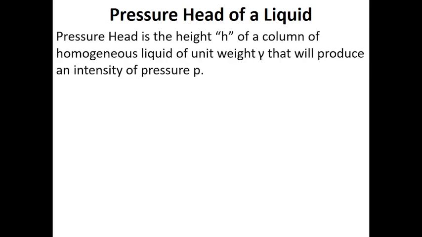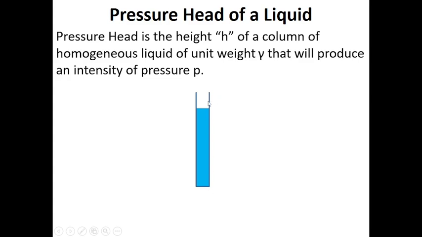Alright, let's study pressure head of a liquid. When we talk about pressure head, this is the height h of a column of homogeneous liquid of unit weight gamma that will produce an intensity of pressure P. So consider this vessel.